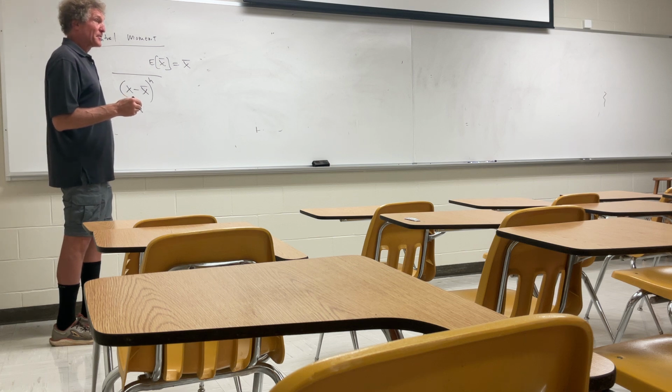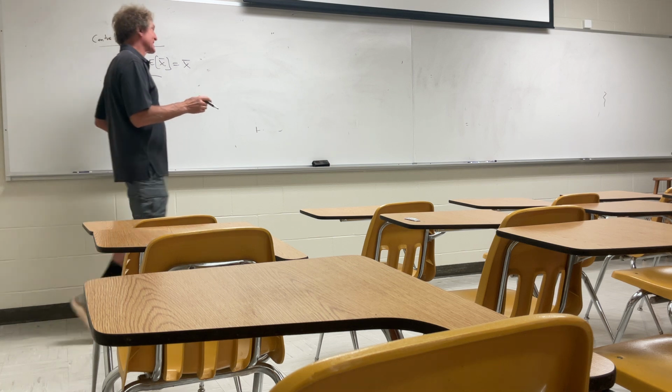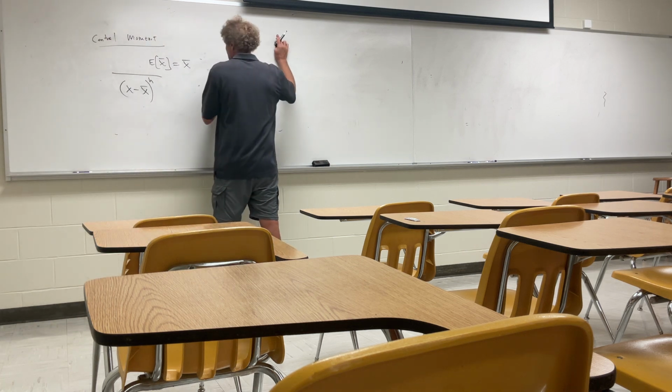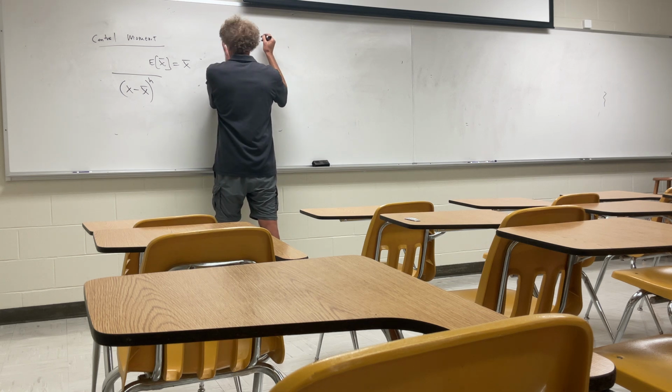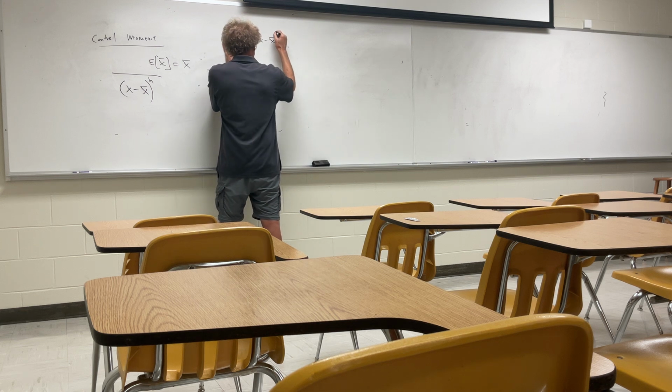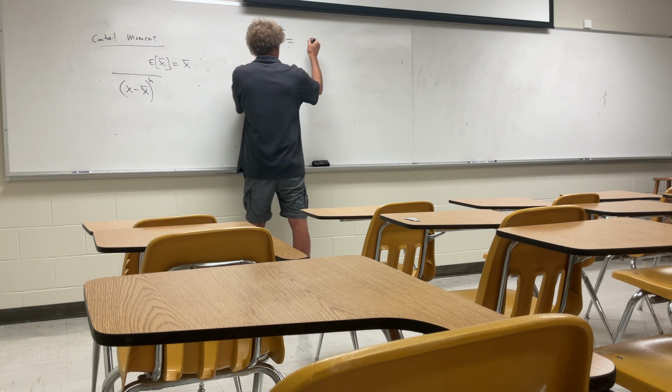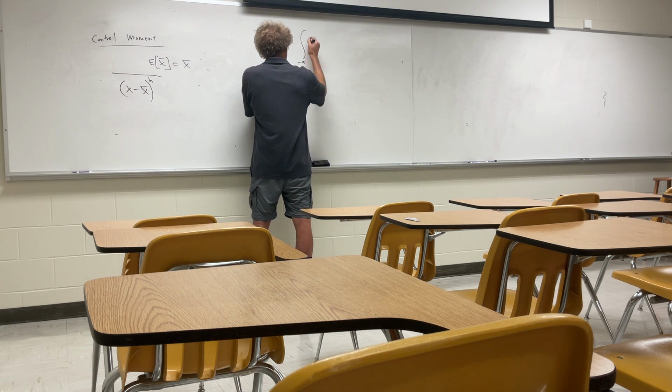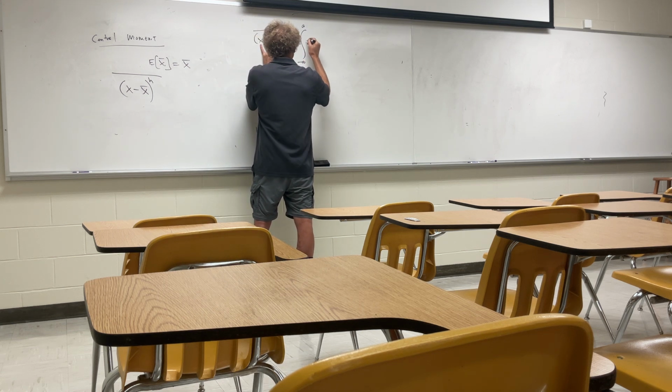So when you talk about central moments, x minus x bar, it's always about the mean to the nth power, but the bar over here means mean. So it's technically an integral from minus infinity to infinity of this.